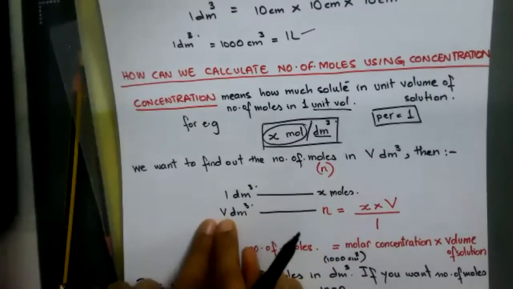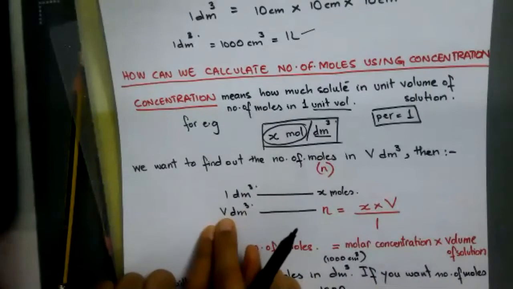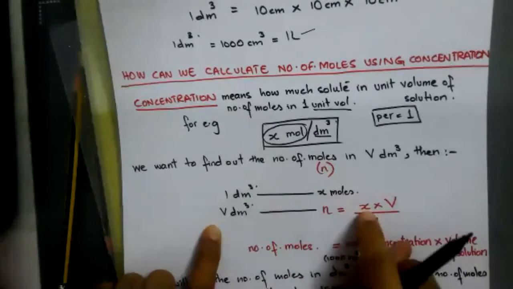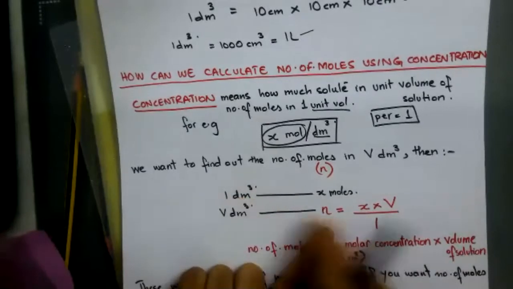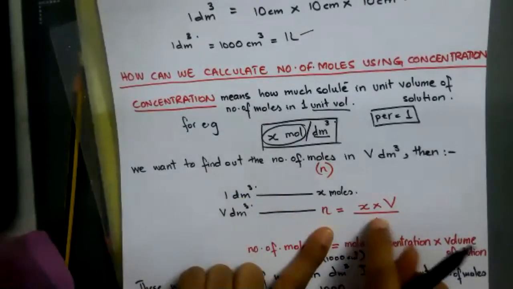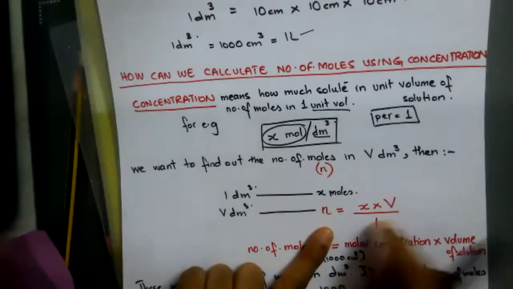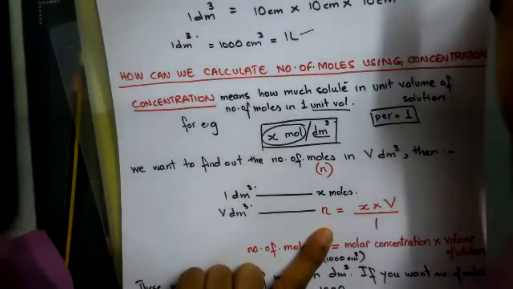So V is the volume of the solution. You're multiplying the volume of the solution by the number of moles, divided by this 1 which is left behind here, but that doesn't affect the final result. You can skip this, because divided by 1 is itself.